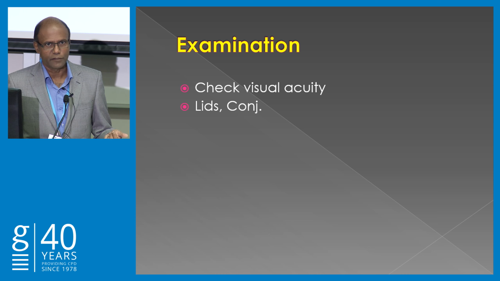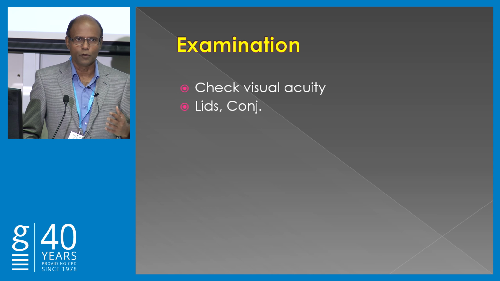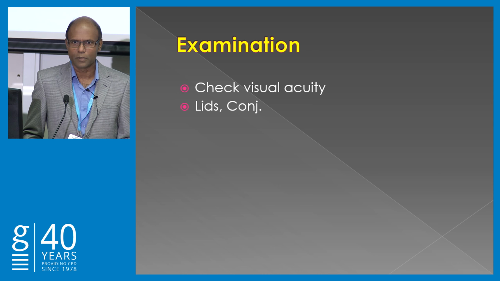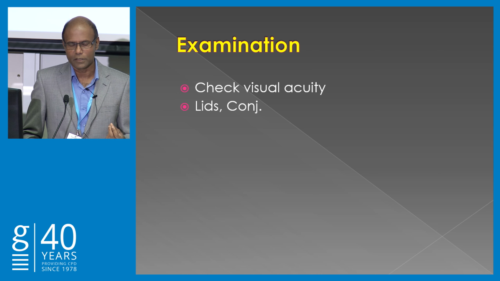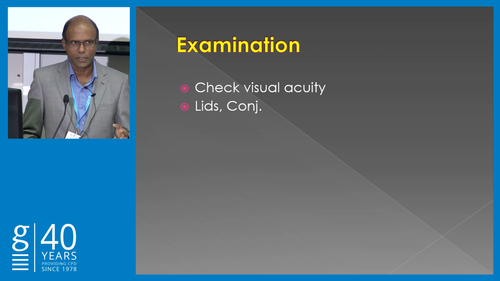Then look at the conjunctiva for injection, an important sign in conjunctivitis. If the eye is red, always pull the lower lid. It's easy to pull, and if the palpebral part of the conjunctiva is injected, it means it's conjunctivitis. You can close your eyes and say this is conjunctivitis, because that's a good sign to know.